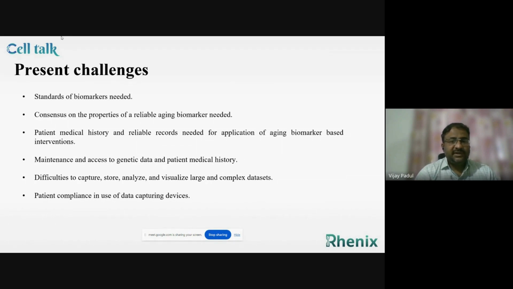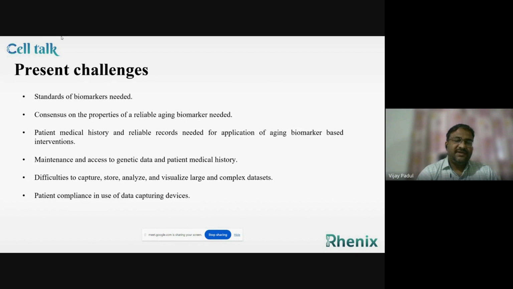Again, this data is very large, and all the associations of the genetic information with longevity are not yet met, and even 100% accuracy and more reliability in those interpretations is lacking. And difficulty to capture, store, analyze, and visualize large and complex data sets is another issue.